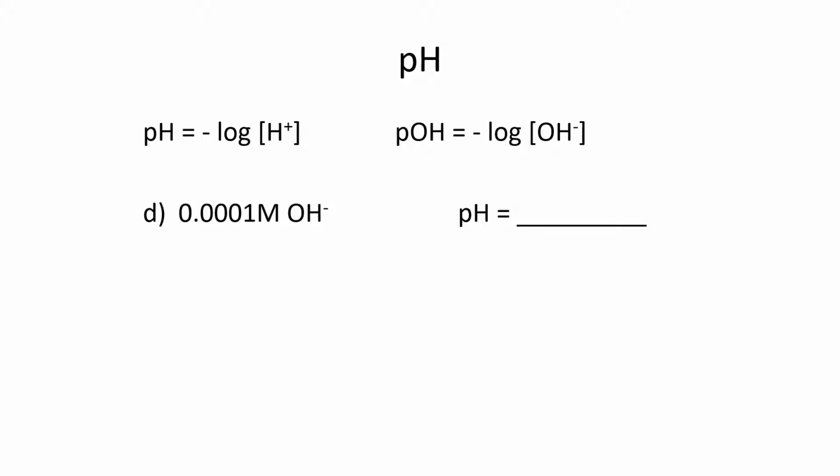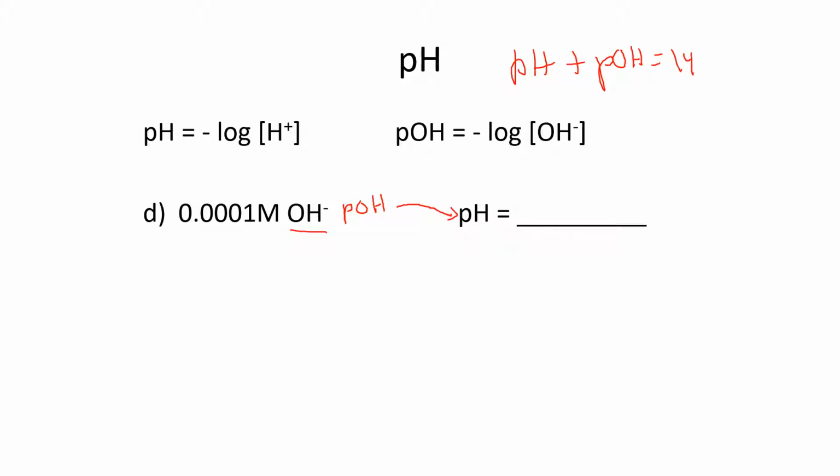Here we're given OH concentration. We need to find pH. So we have to do 2 steps. First, we've got to find pOH, and then we're going to use our relationship pH plus pOH equals always 14. Right? So it's a 2-step problem.